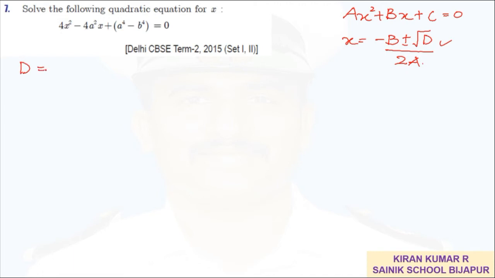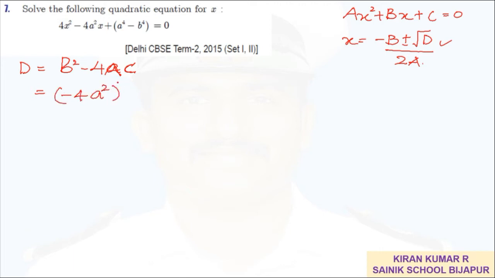The discriminant value is b square minus 4ac. Let me substitute. If I consider in terms of this a, b and c, I have to take this as capital A, capital C, right? So what is b here? B value is -4a square.